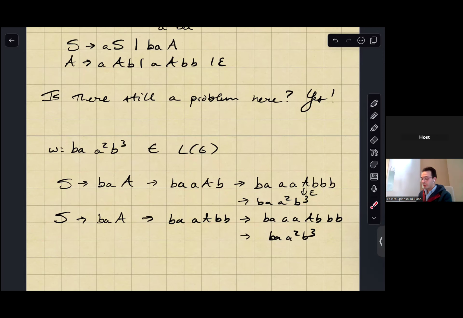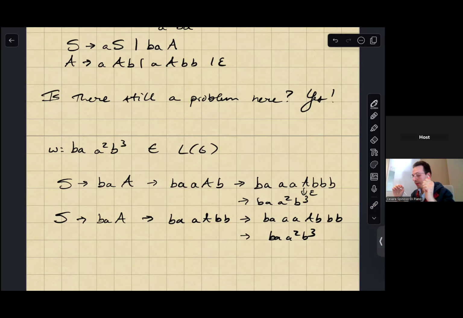What that tells me is there's still a problem in terms of ambiguity, and that's the fact that I can choose at any given generation point to use this guy or this guy. So the common trick to use, and this is just a heuristic, doesn't always work.